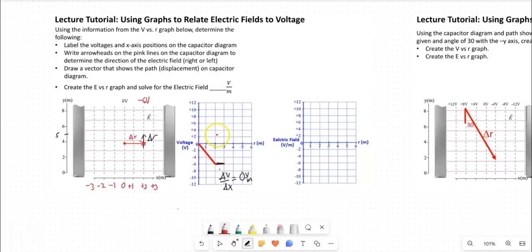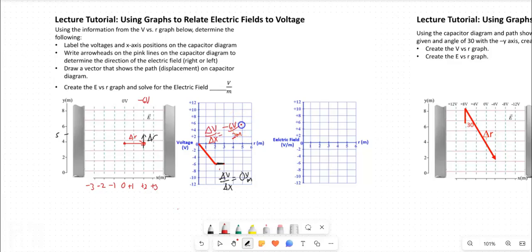This red guy's slope, well, it's dropping by 1, 2, 3. So its voltage change over delta X is going to be negative 6 volts across 2 meters.